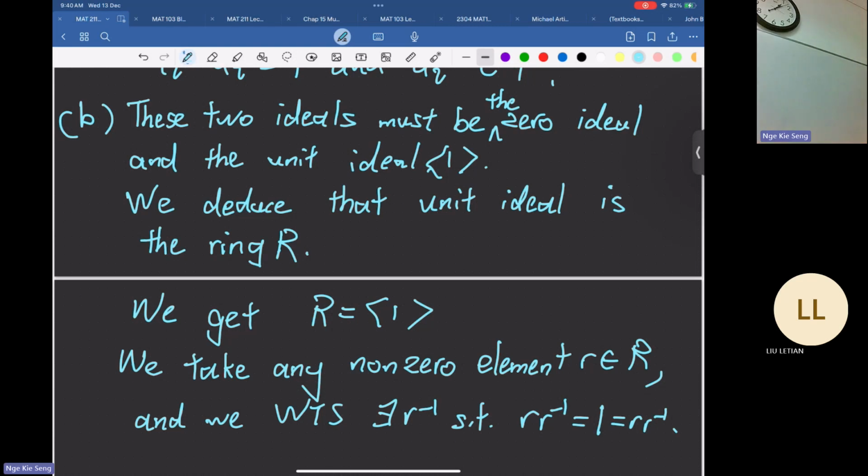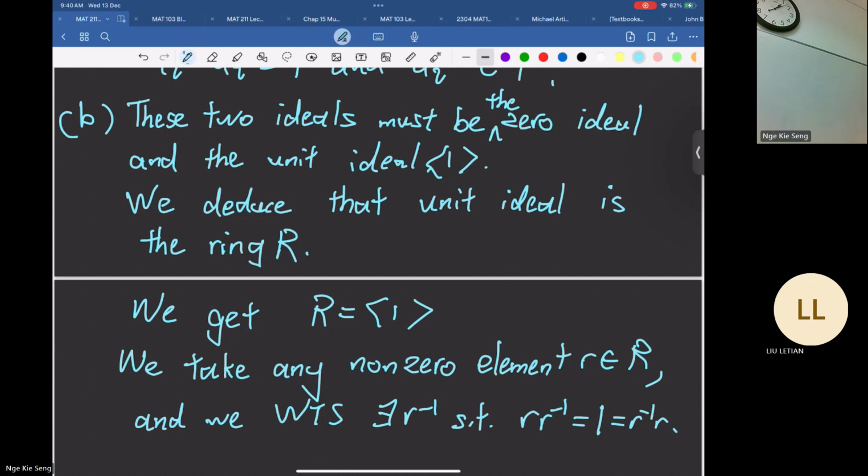But in our ring, multiplication is commutative, so if we can find one equation, r inverse r is equal to r r inverse, because our ring is always commutative.